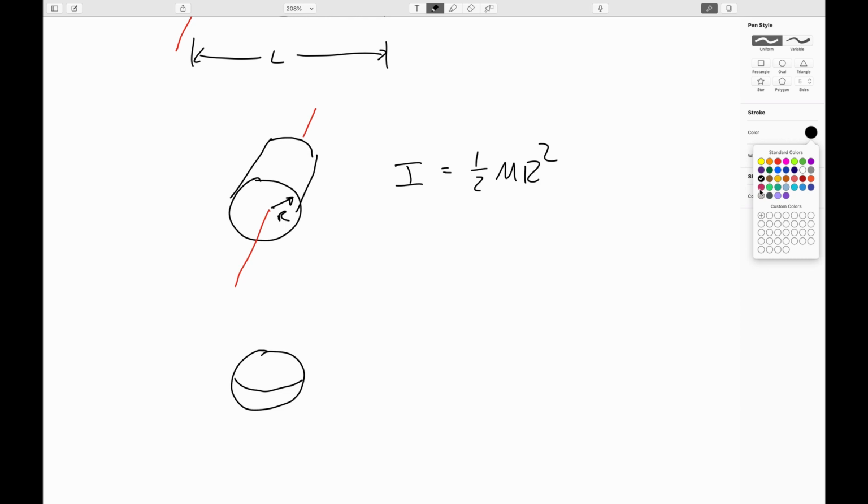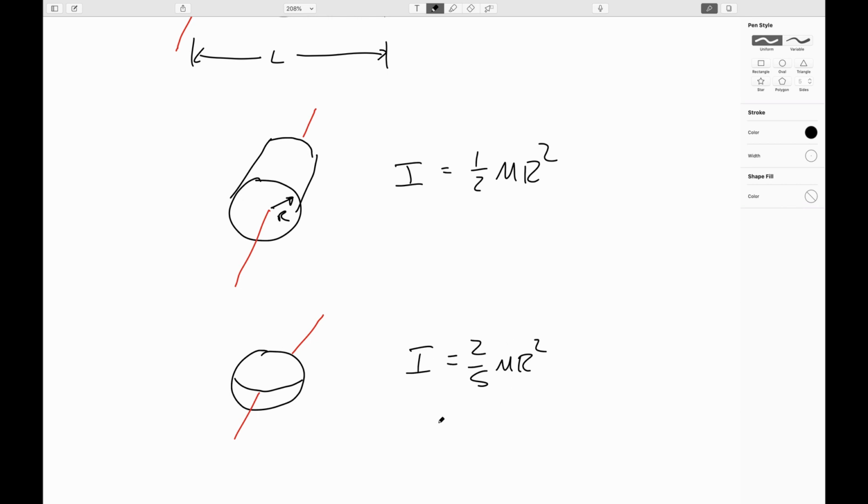Again, we're imagining doing it about an axis going through the center of the sphere. So something like that. When you look it up in the tables, you'll see that it says that the moment of inertia is 2/5 mr squared. So this is 0.5 mr squared. This is 0.4. So it's a little easier to twist a sphere of the same radius than it is a cylinder. Now, why would that be?